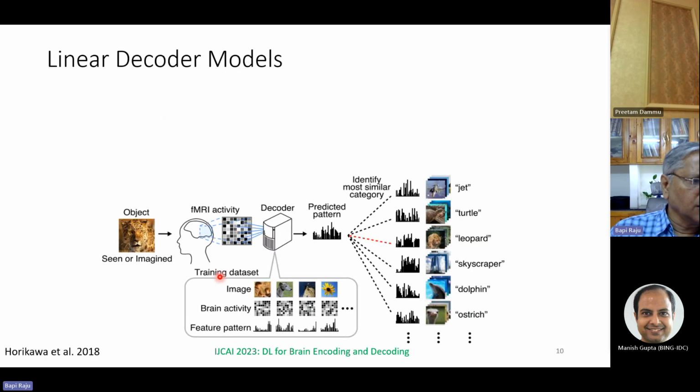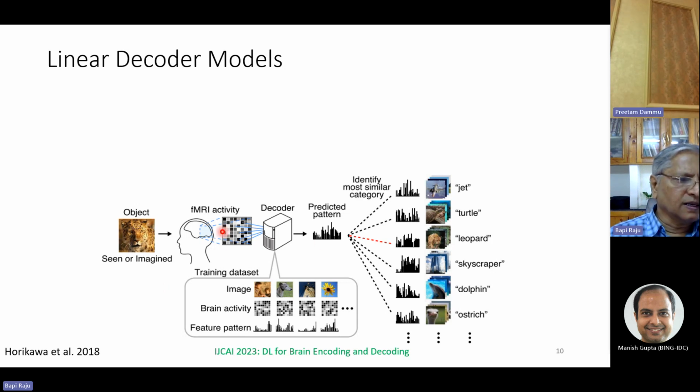So there are two broad approaches, just to group them: the linear models and nonlinear models. In the linear models, you take an object, an image. This is from the Horikawa and Kamitani 2018 data, where participants were shown objects, or a label was given, and they were supposed to imagine the properties of the object that corresponds to this label.